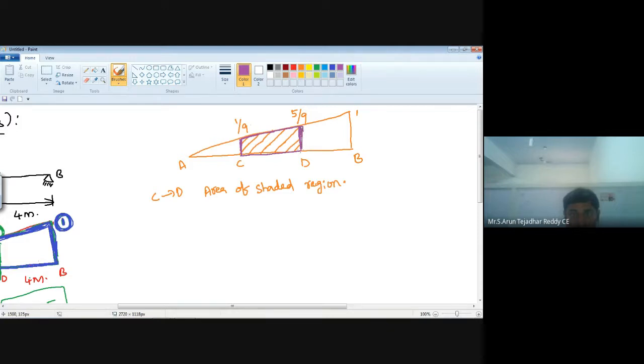How does it look? It looks like a trapezoidal shape. Now, can anyone tell me the formula for the area of a trapezoid? What is the formula?